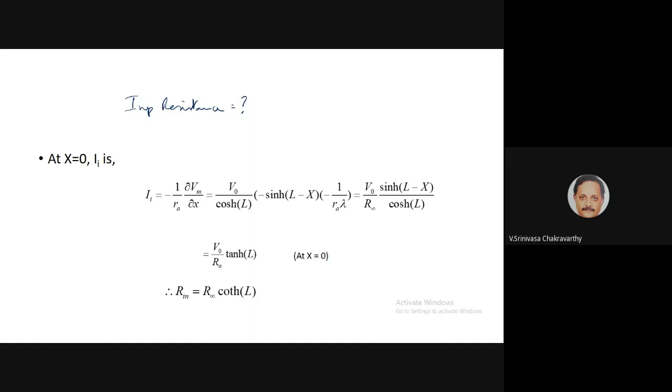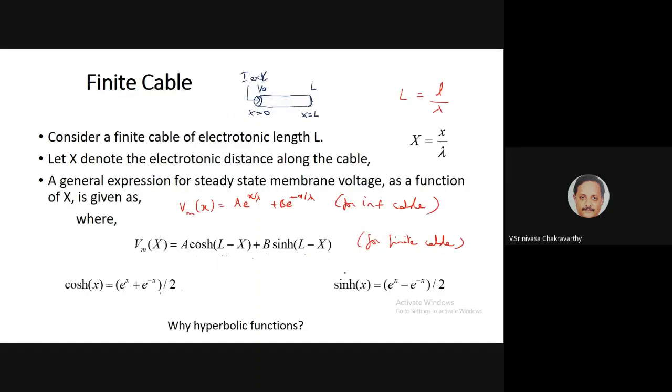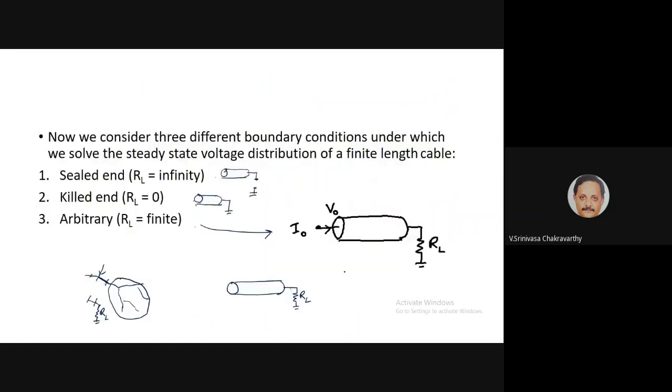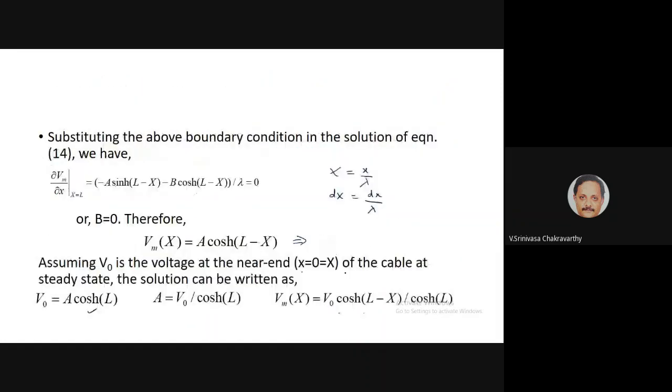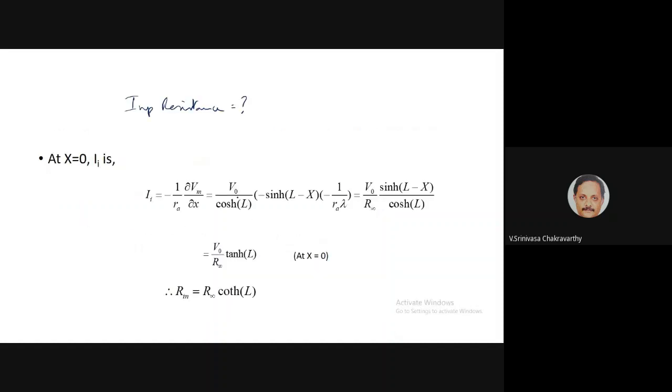If you differentiate Vm, you get V naught by cosh L times minus sinh(L − X) times minus 1 by ra lambda. So you get this.